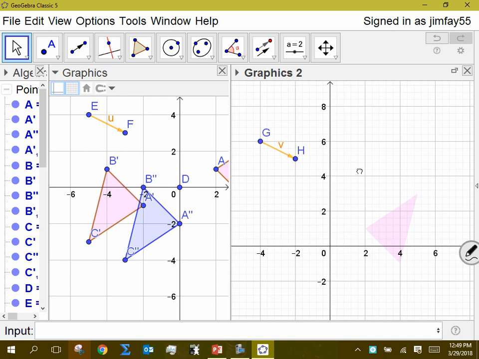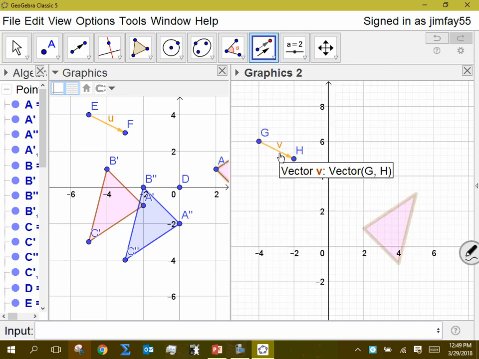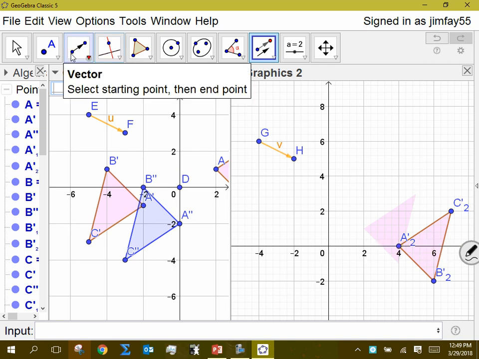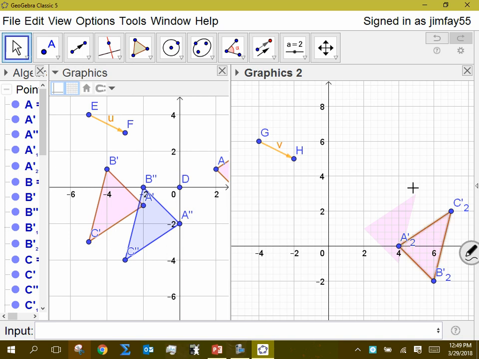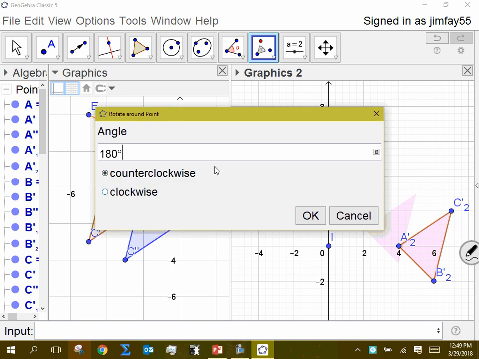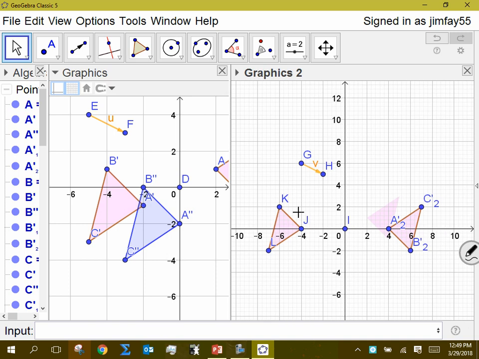So I'm going to take this image, translate that first, so I get that, right? Now I'm going to take that and rotate that 180 degrees. I need 0, 0 again. So that rotated around there, 180 degrees, gives me this image.